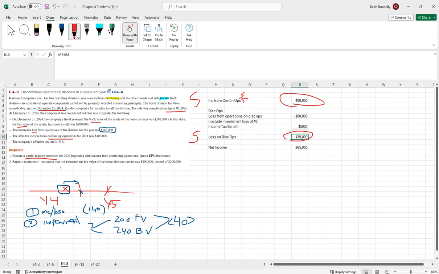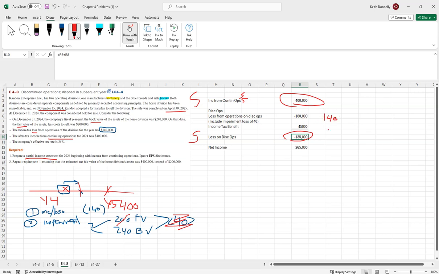Now, the next requirement says repeat requirement 1, assuming the estimated net fair value was 400 instead of 200. So they're changing the facts here. If this was 400, there isn't going to be any impairment. So whenever we run the numbers on this, we would see 140 here.